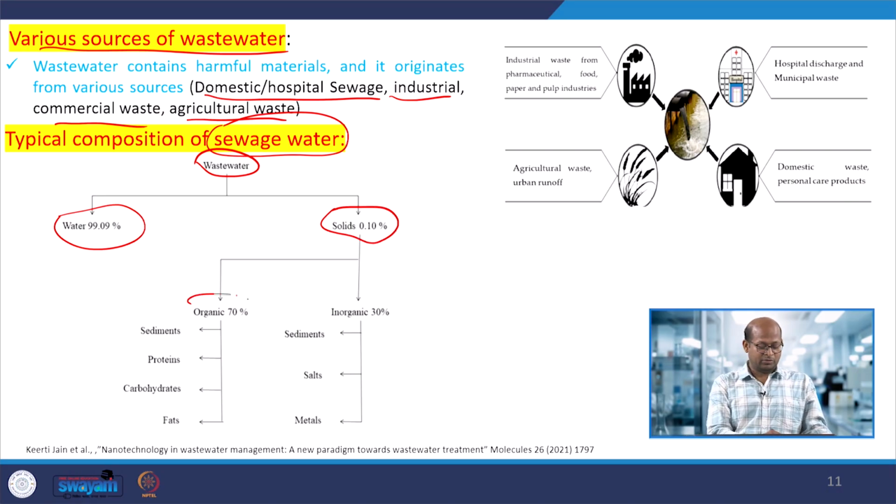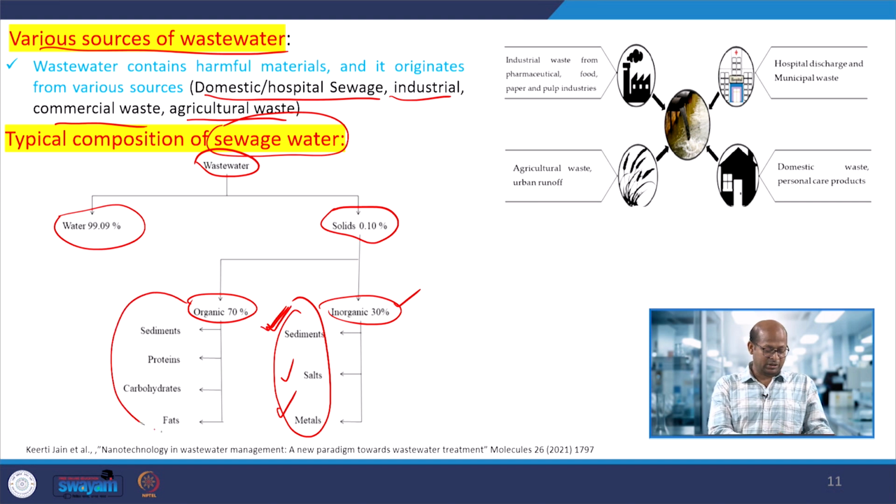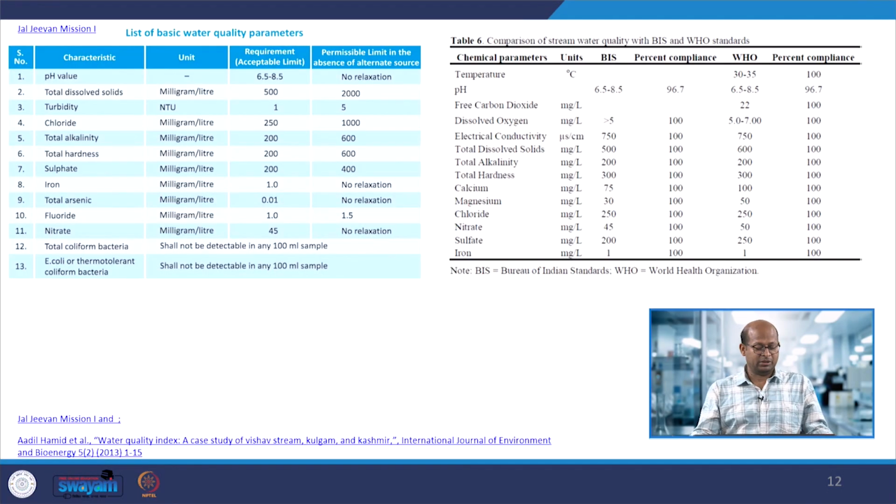Out of that solid, organic material is 70% and inorganic material present in wastewater is 30%. Of that inorganic part, sediments, salts and metals are present. Those quantities are small, but in fact very large in effect. And organic sediments, proteins, carbohydrates and fats are also present in wastewater.